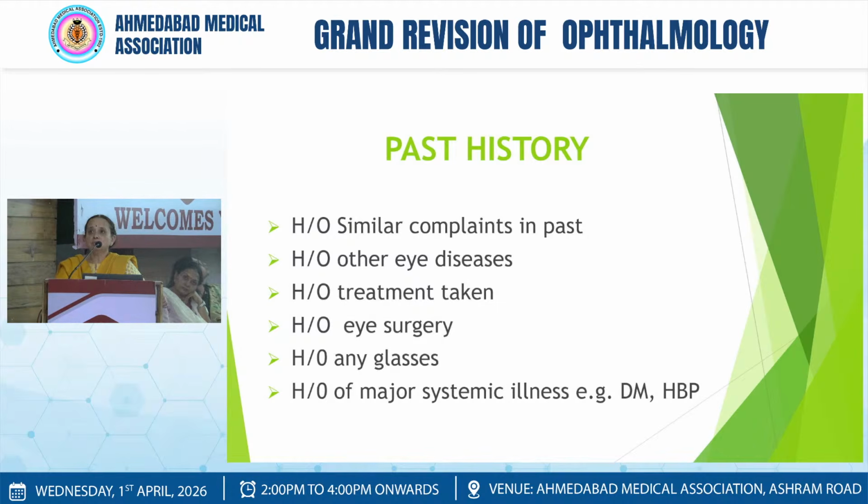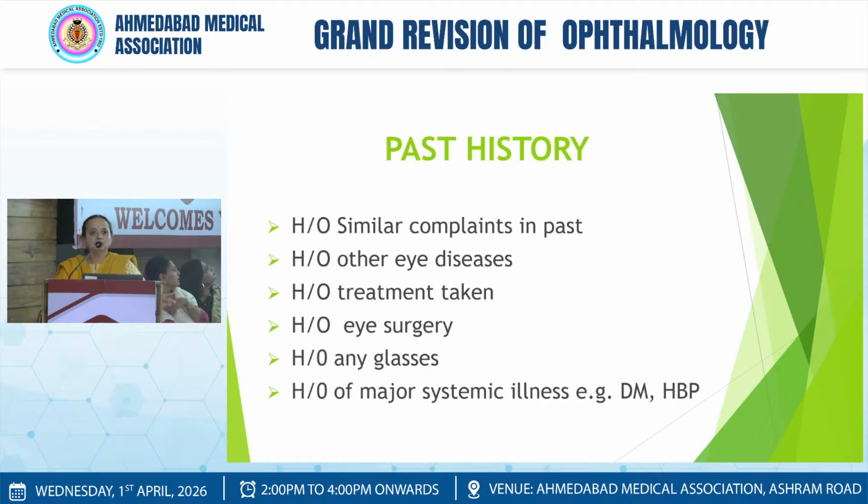Is there any history of eye surgery done? Usually the commonest surgery is cataract surgery. So whether the patient has undergone cataract surgery either in the right eye or left eye with intraocular lens, was the post-operative recovery period smooth? The vision was good in the post-operative period. Is the patient wearing glasses after surgery or before surgery?